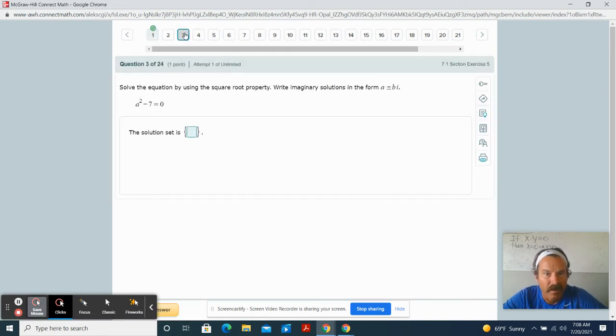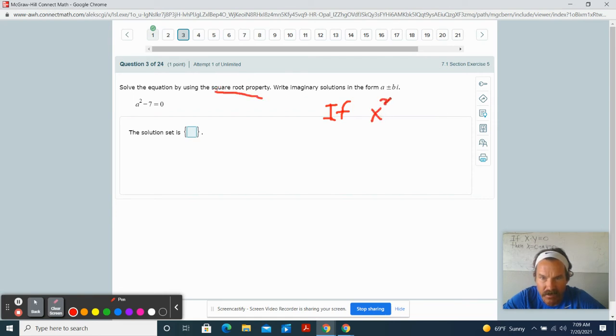Now, not all numbers have square roots. Before you apply the square root property, which, if I wrote it out in general, is: if x squared equals a, then x equals the positive and the negative square root of a.